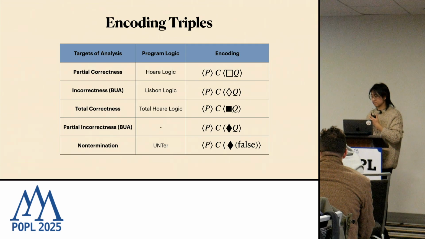And so in the case of a logic like Unter, which is specialized to detect non-terminating traces, this is basically just the instance of this diamond modality in which the program property we specify is simply false, by which we just specify that we're only looking for non-termination.